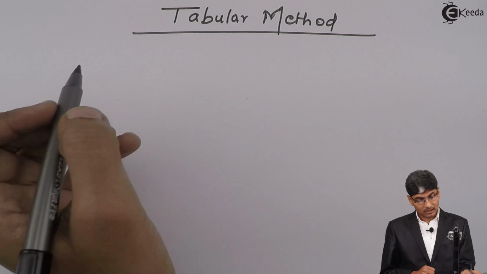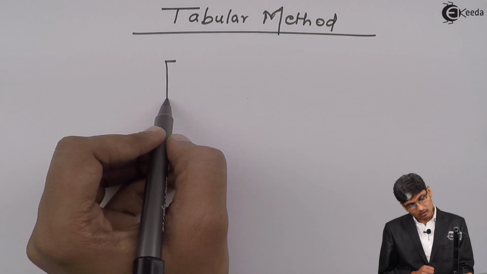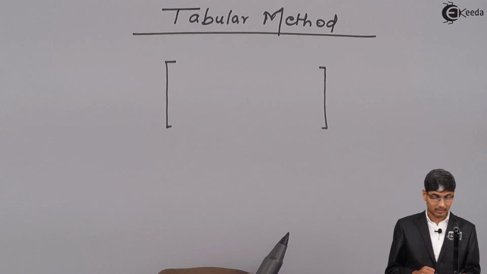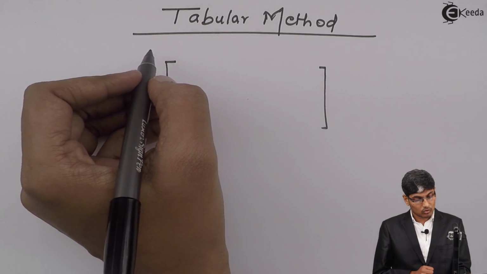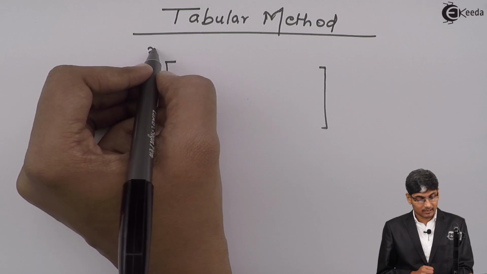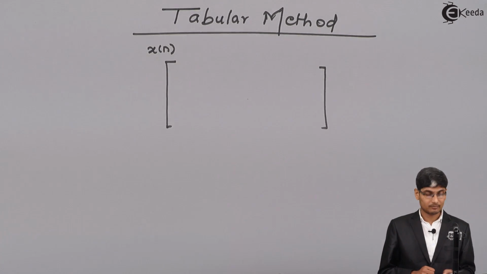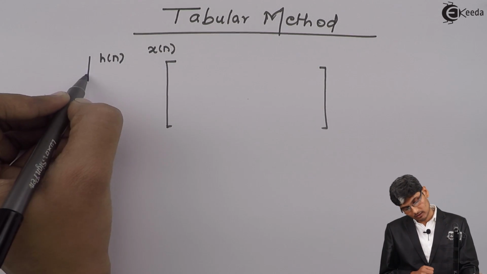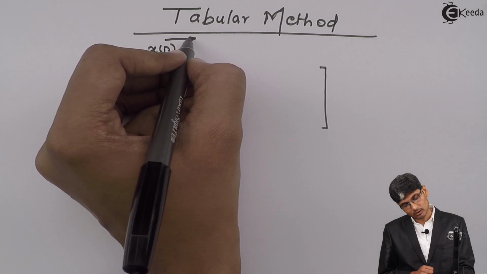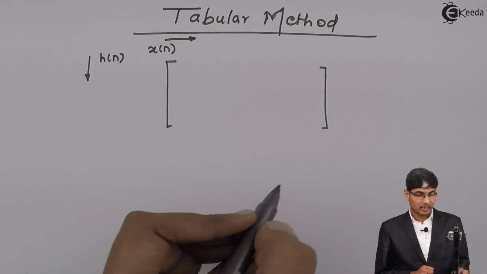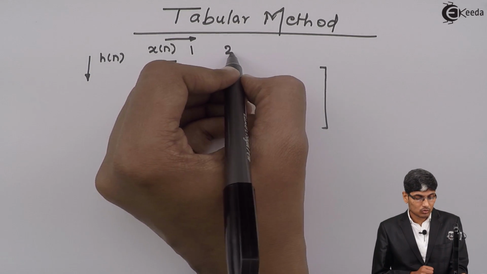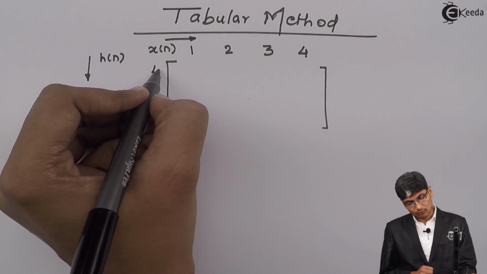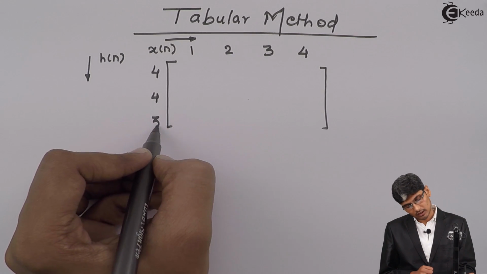So in the tabular method, what we do is we create a table, not likely a matrix but a table, whose one side I will put x of n. Let us say that I put x of n over here, and the other side I put h of n like this. So my h of n numbers will go like this, x of n numbers will go like this. So my x of n is 1, 2, 3, 4, and h of n is 4, 4, 3, 2.